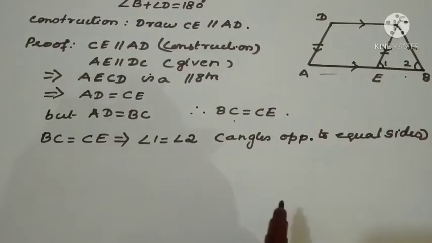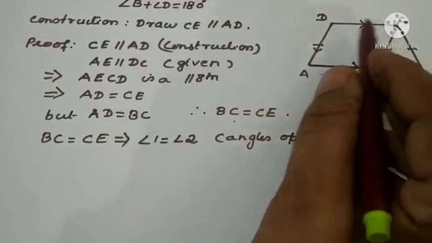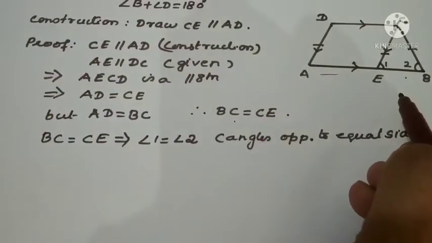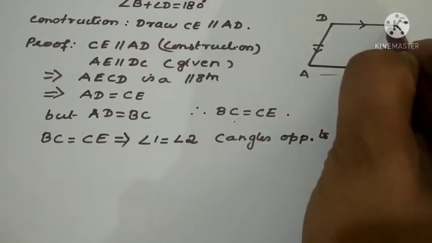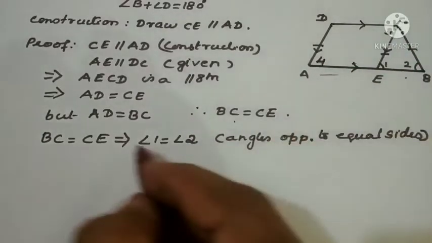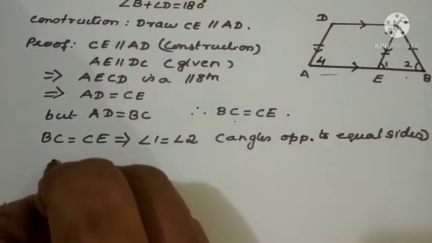Now AECD is a parallelogram, with AE and CD, right? Because we have proved that AECD is a parallelogram. So if I mark here 3 and here 4, what about 3 and 4? We can say angle 3 equal to angle 4, opposite angles of a parallelogram.